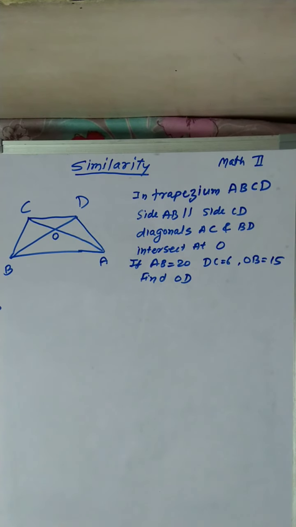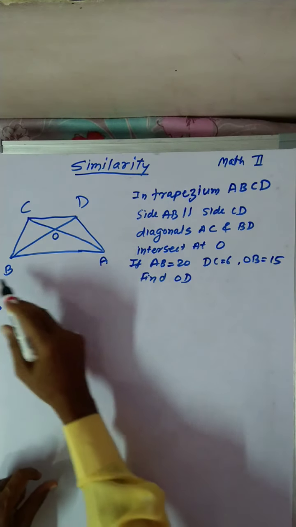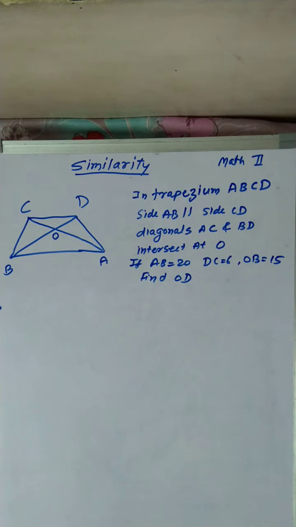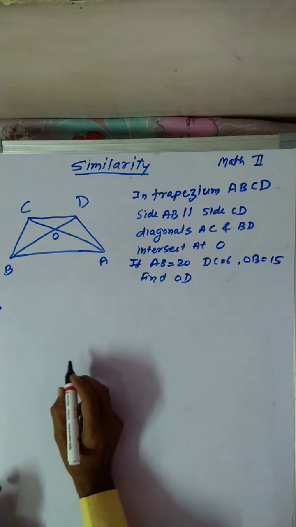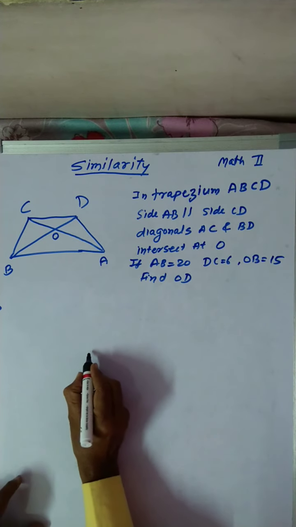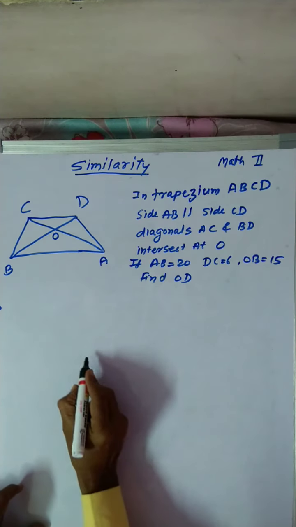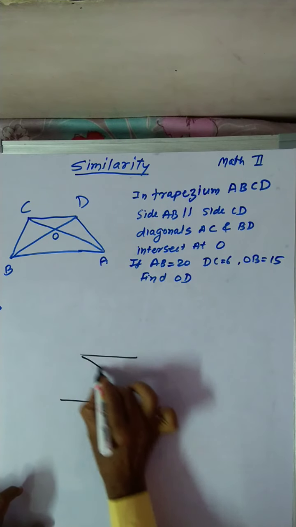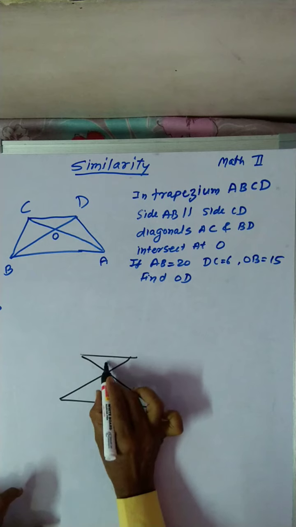Now here a trapezium is given. Trapezium ABCD is given. In this trapezium, side AB and side CD are parallel, and the diagonals AC and BD intersect at point O. In problems like this in the trapezium, the triangles between two parallel lines are always similar.